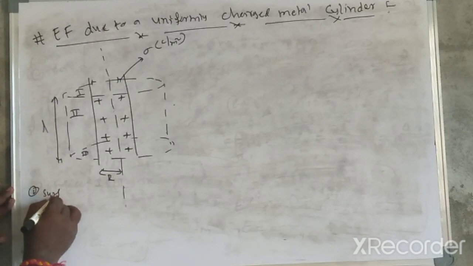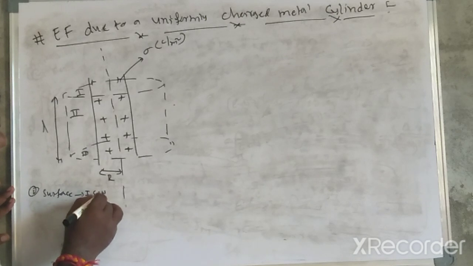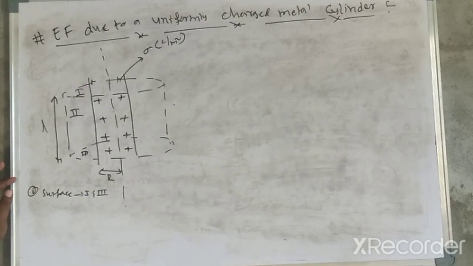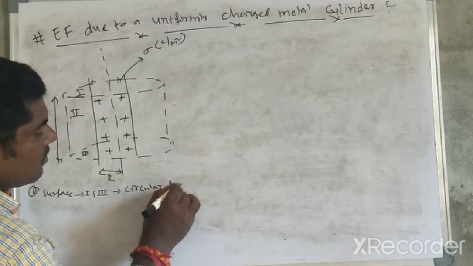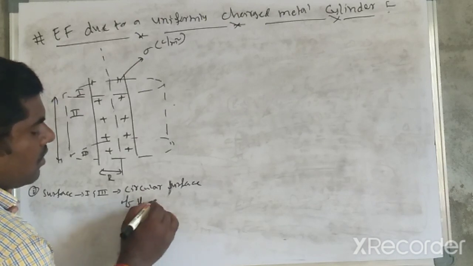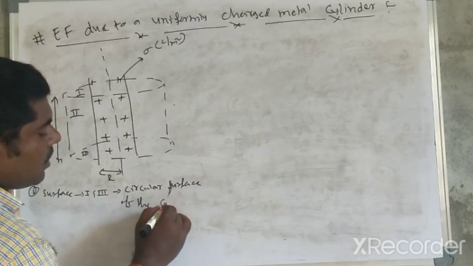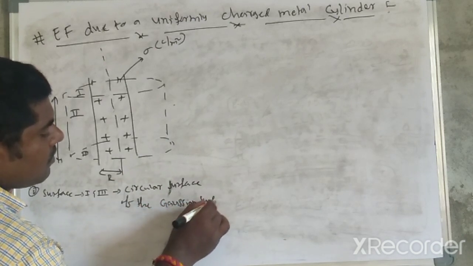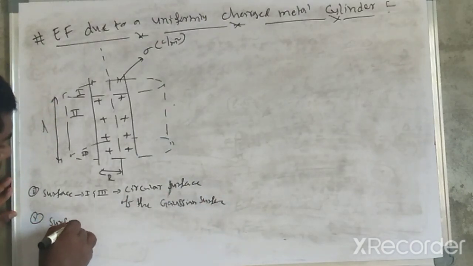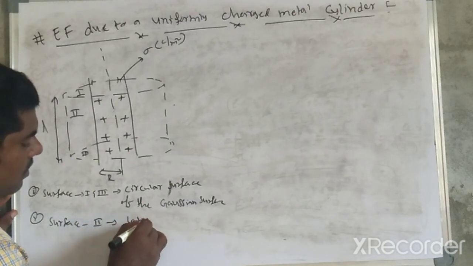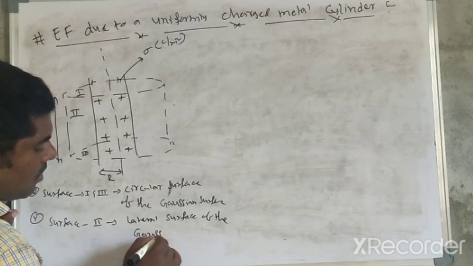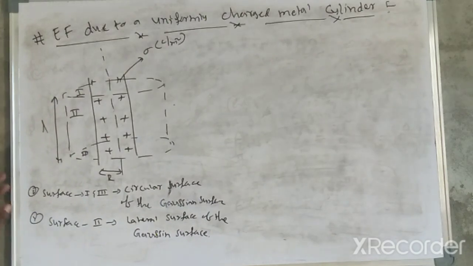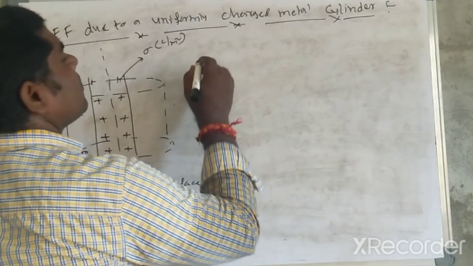Surfaces 1 and 3 are the circular surfaces of the Gaussian surface, and the second one is the lateral surface of the Gaussian surface.